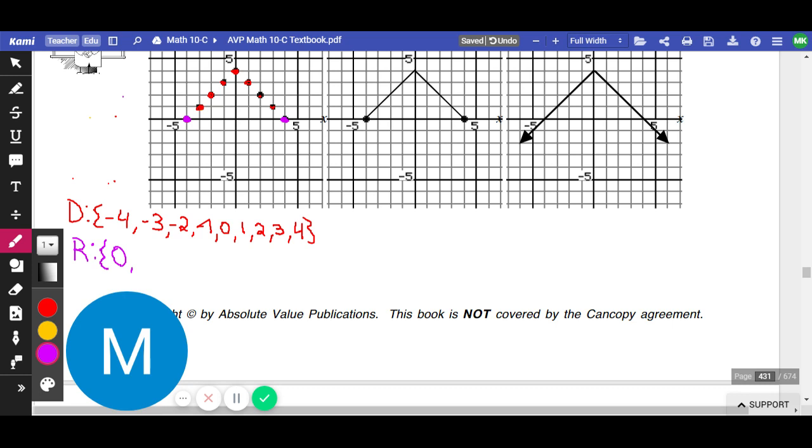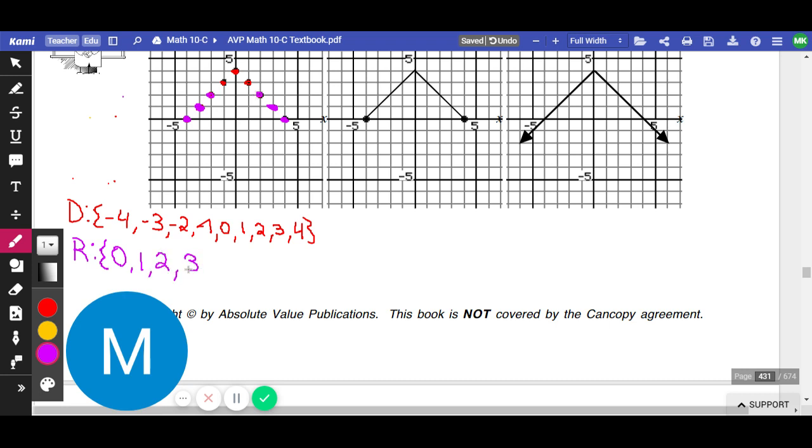The next lowest y value I could have would be these 2 points. They have y values of 1. I'm at 0 here, now I'm at 1. I go up to the next lowest y value I could have. The next lowest y value I could have would be 2.